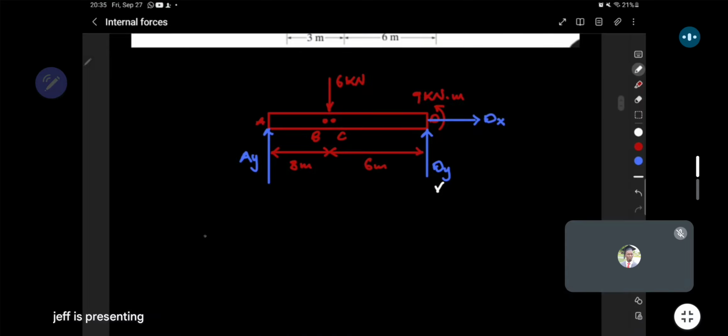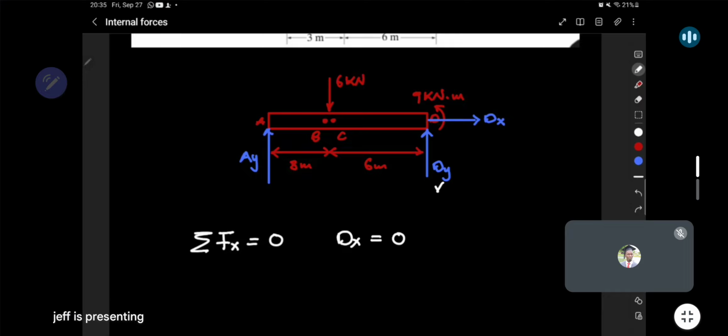If we sum forces in the x-axis, since it is in equilibrium, equal to 0, you see that dx is the only force in the x. This has to be equal to 0. Summing forces in the y-axis, you have ay, dy, and that's 6 kilo. So that will still need a little bit more work.